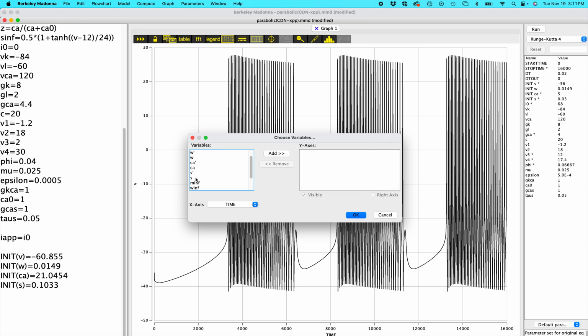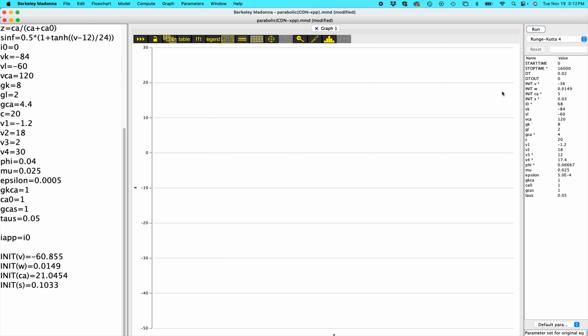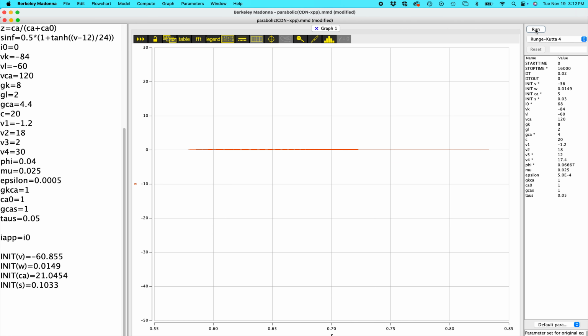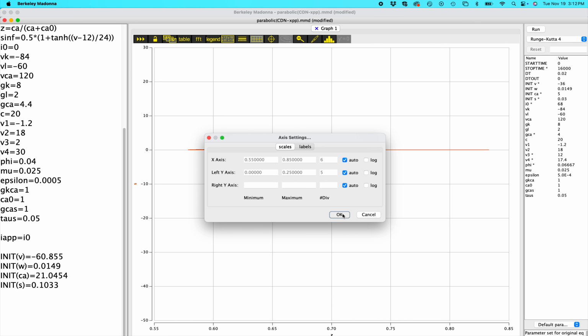I need S and Z. So I'll put Z on the x-axis, and I'll put S on the y-axis. And I will let the axes be automatically adjusted.